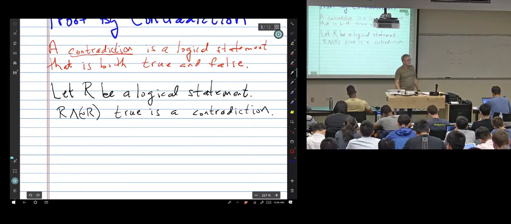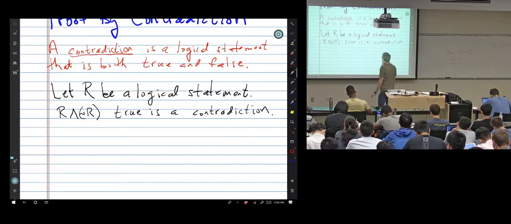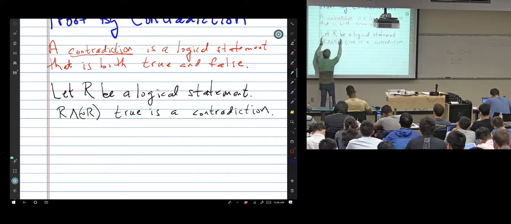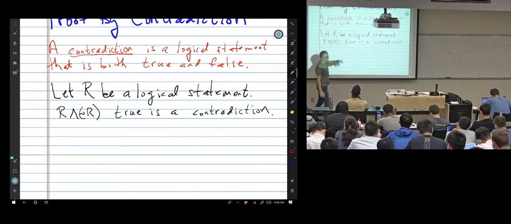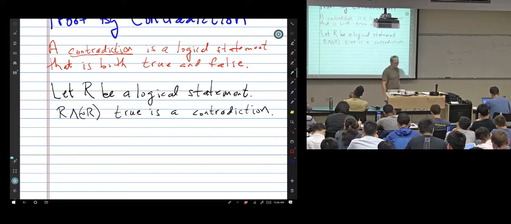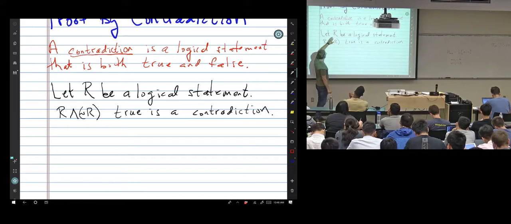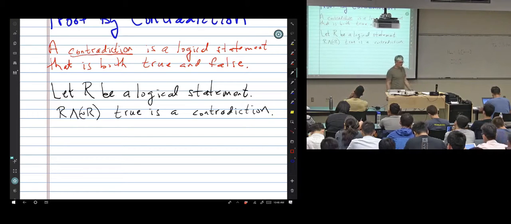Okay, R can only be false or true. It cannot be both. So if this statement is true, then R is both true and false, which is a contradiction. Okay, so if you can organize your thoughts in such a way that you can prove that something is true and false, you've arrived at a contradiction.